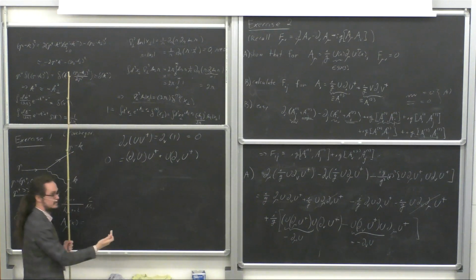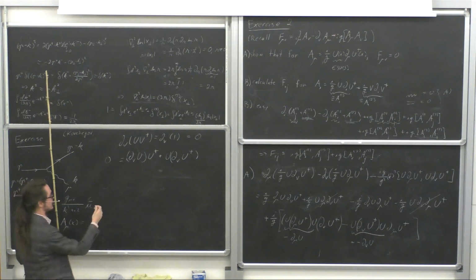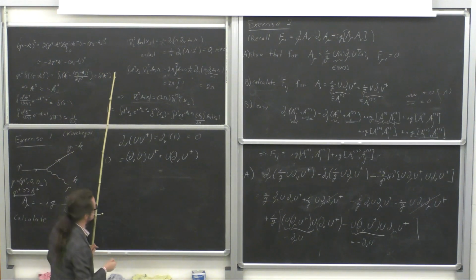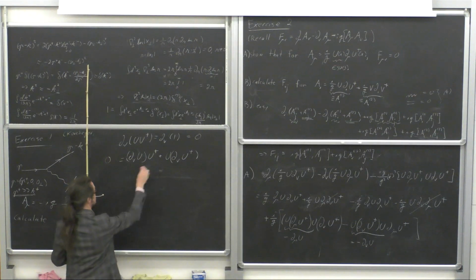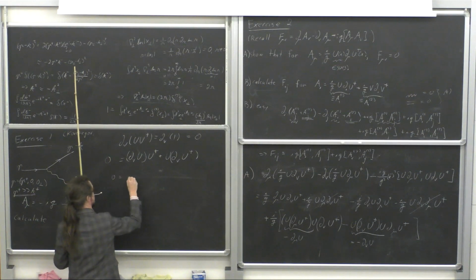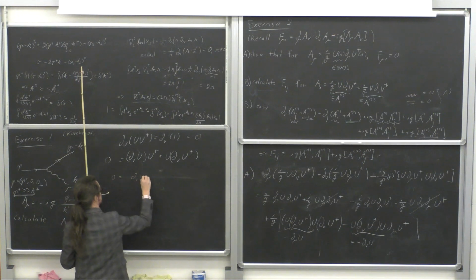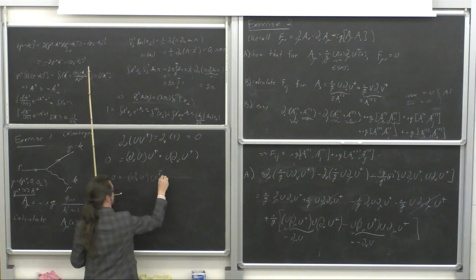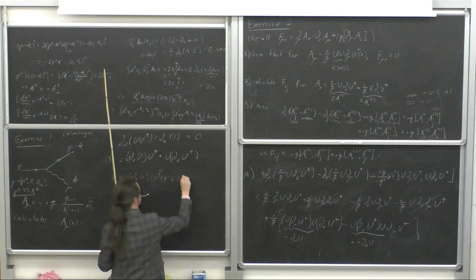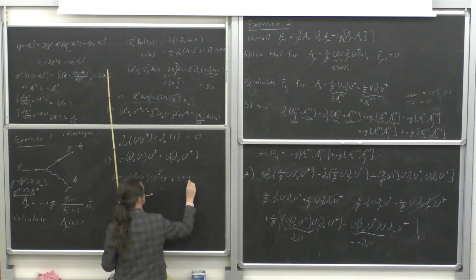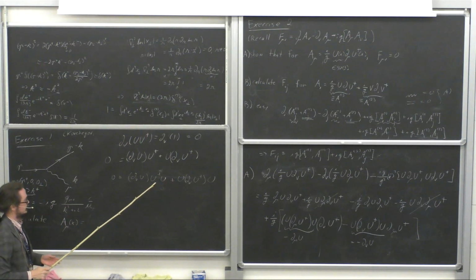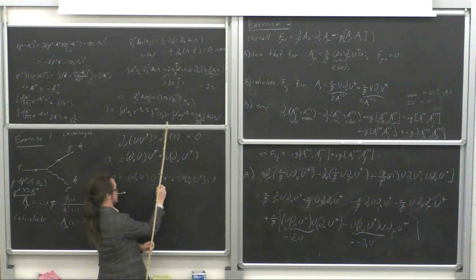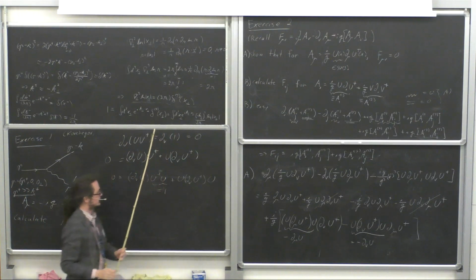I multiply this equation from the left by U. No, I want to multiply it from the right by U. So I get 0 is ∂μU U dagger U plus U ∂μU dagger U. I just multiply this equation from the right by U, and this is again 1.